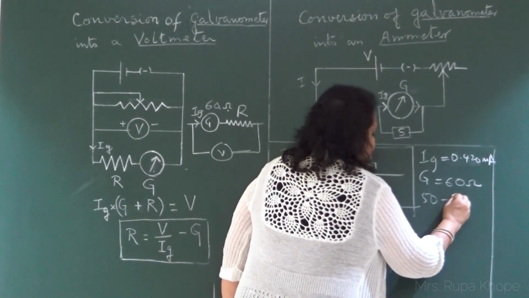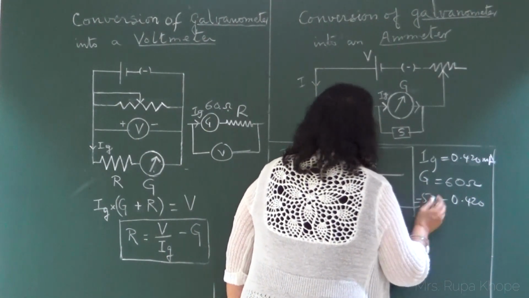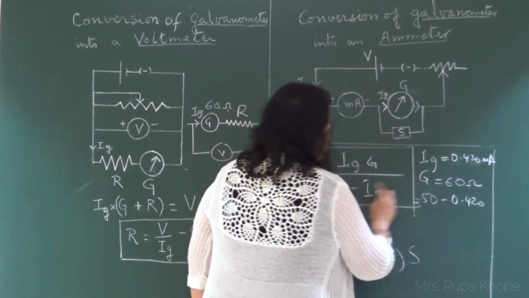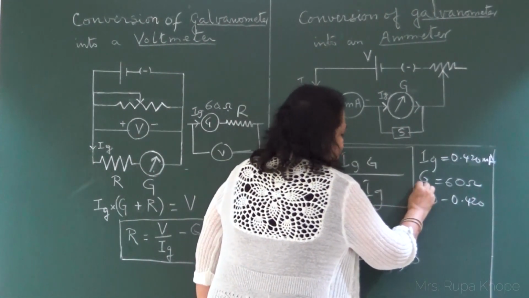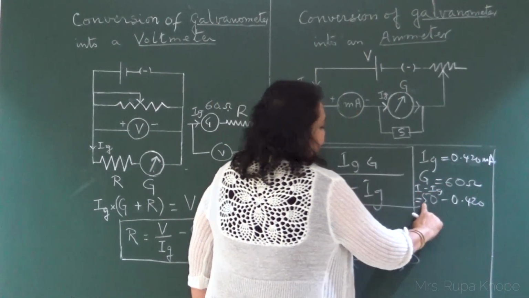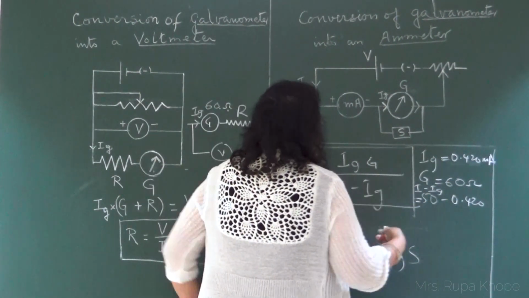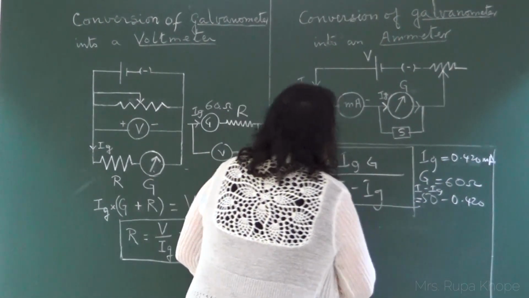So I minus Ig is 50 minus 0.420. That is in milliamps. So all these values we substitute and we'll get the answer.